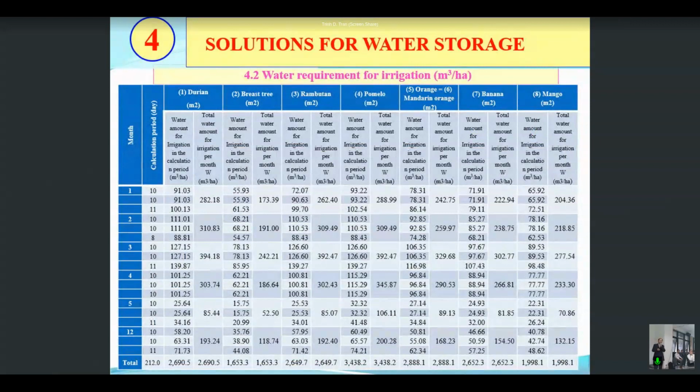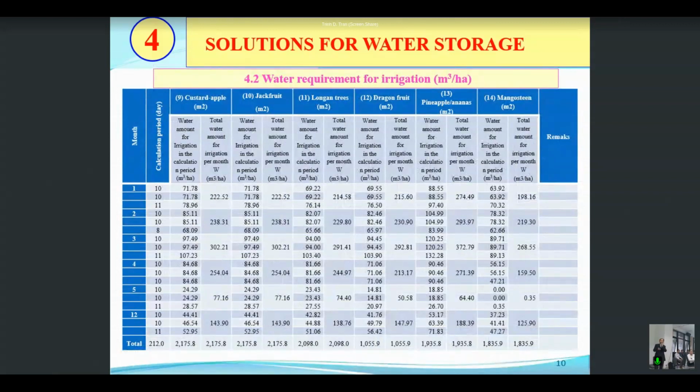And we calculate for the months January, February, March, April, May, and December, for each fruit tree.